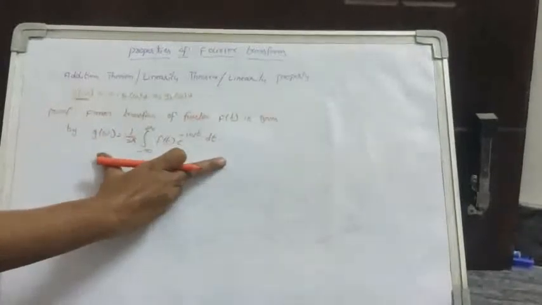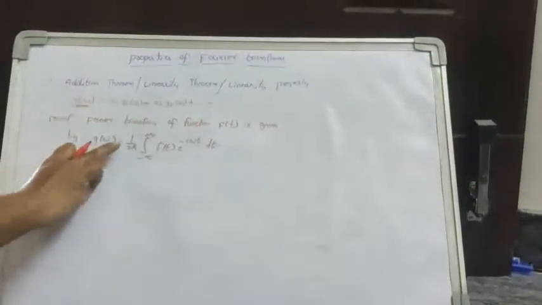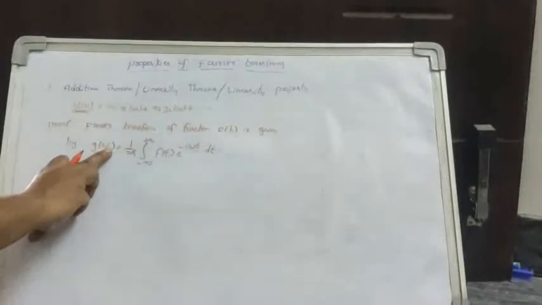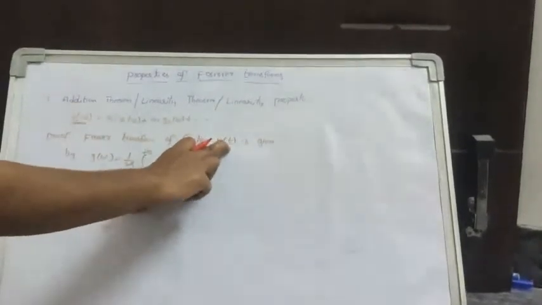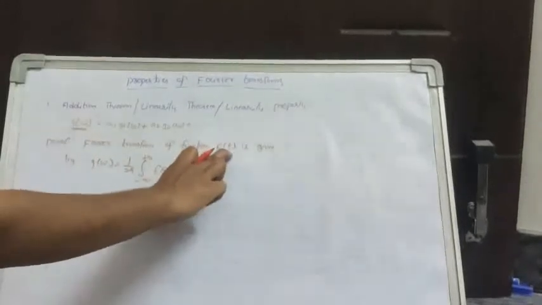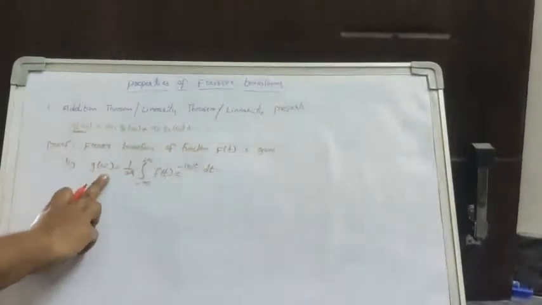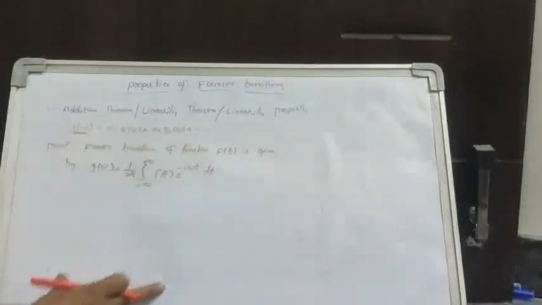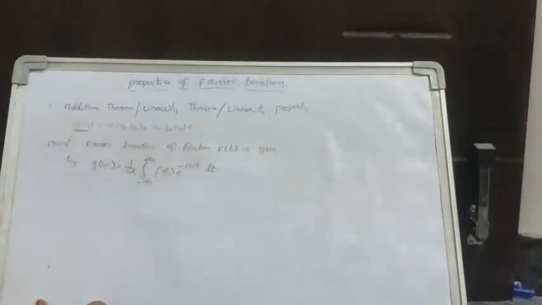First we have defined g of omega. What does this g of omega represent? It is the Fourier transform of function f of t, and it can be represented by this equation. Now, similarly, you are going to define a1 g1 of omega.